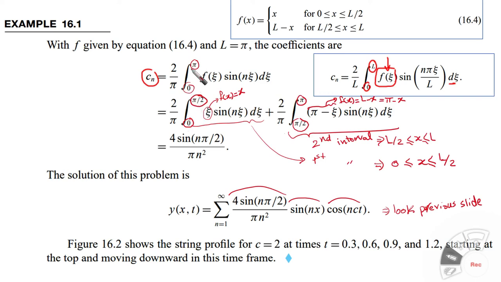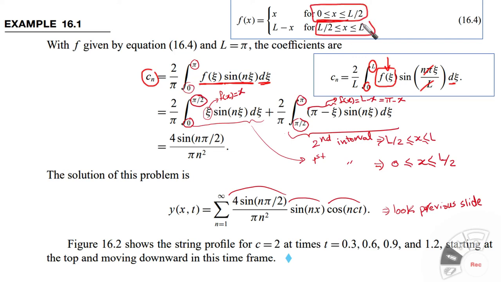So from 0 to pi, we say that it's 2 over L, or pi, from 0 to L, or 0 to pi, the function f of z times sine n z dz, because n pi z over L. Okay, so we have L equal to pi, so this would cancel the pi here, and we are ending up with sine nz dz. And then we have two intervals, right?